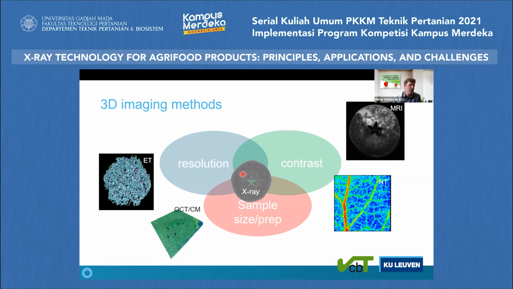It gives you good contrast for most cases where we are interested in. And one big advantage is that you hardly need any sample preparation and you can choose your sample size that you want to image. So it gives you a lot of freedom and a lot of possibilities.